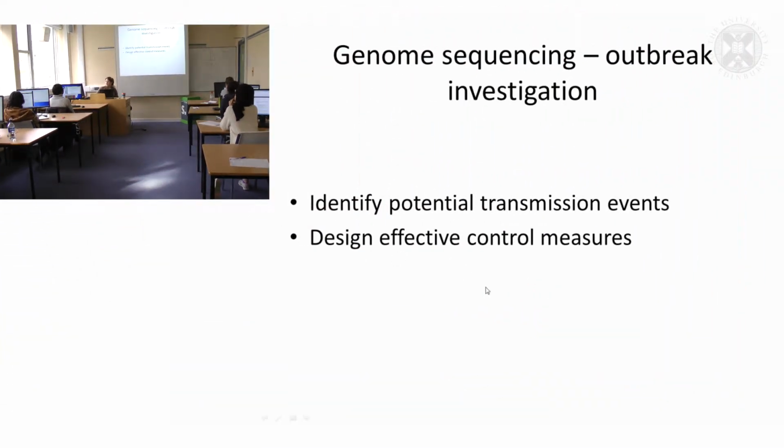And I'm going to discuss in a second, but people have tried to design control methods based on genome sequencing. The premise is that if you have an outbreak in a hospital or something like that, you can do whole genome sequencing of the different strains from that outbreak and try and figure out what the source is.